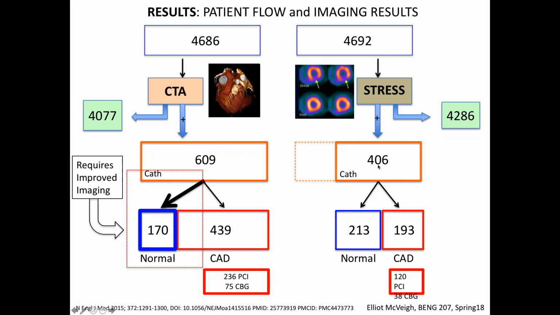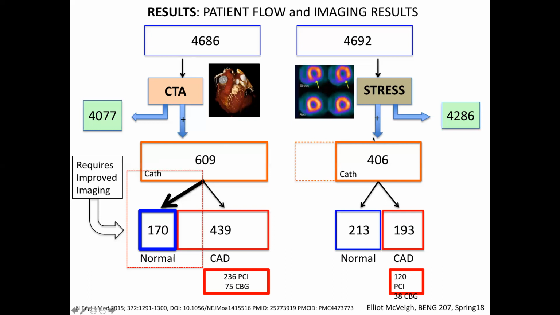Okay, so right off the bat, this group and this group look kind of different when you're sending people to the cath lab, right? We've got 200 more people going to the cath lab on this side. So we uncovered disease with higher rates, higher sensitivity on this side, the CT did.